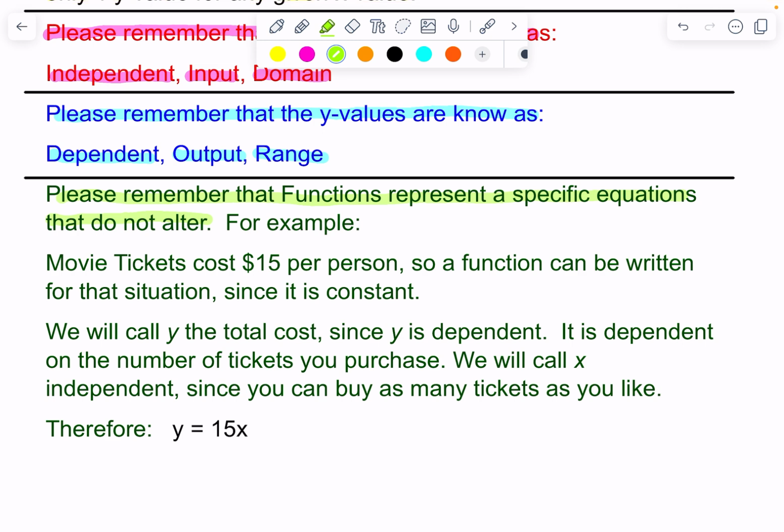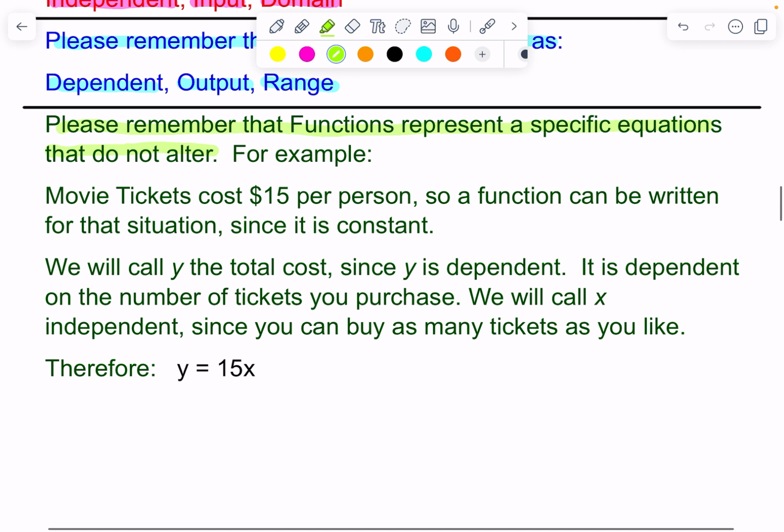For example, movie tickets cost $15 per person. So a function can be written for that situation since it is constant. We will call y the total cost since y is dependent. It is dependent on the number of tickets you purchase. So we will call x independent since you can buy as many tickets as you like.